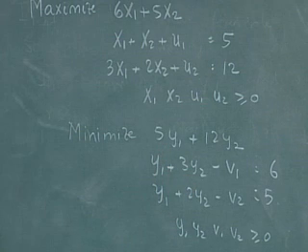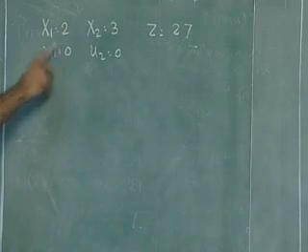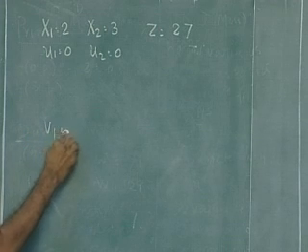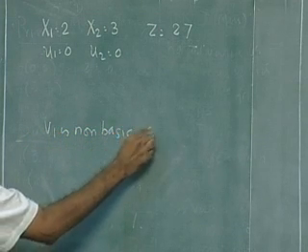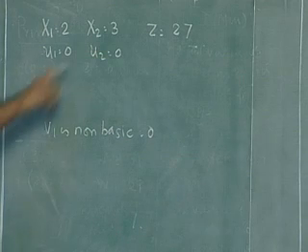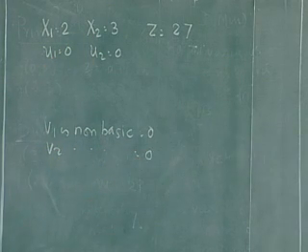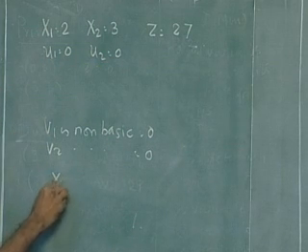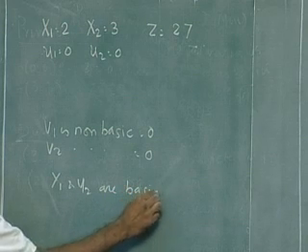Now we can find that out using the complementary slackness. This is the optimal solution to the primal. So x1 is basic, so v1 is non-basic and equal to 0. x2 is basic, v2 is non-basic and equal to 0. u1 equal to 0, u2 equal to 0 implies y1 and y2 are basic.